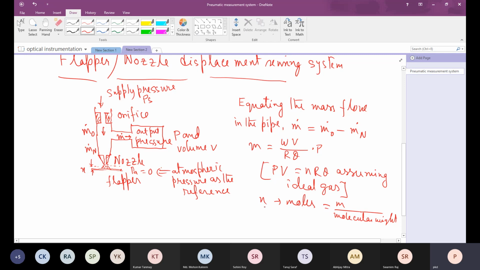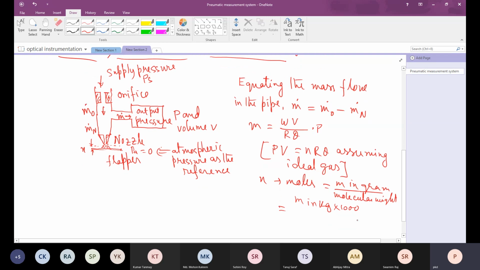Usually moles are with mass in grams, so if it is in kg, kg into 1000 divided by molecular weight.